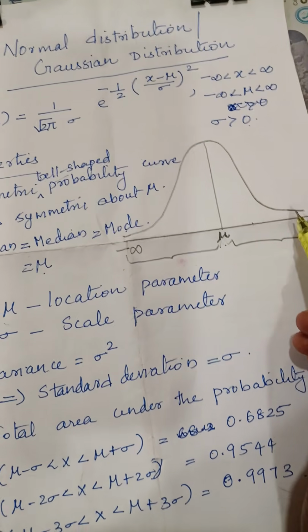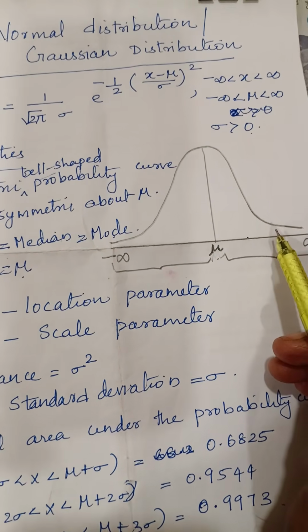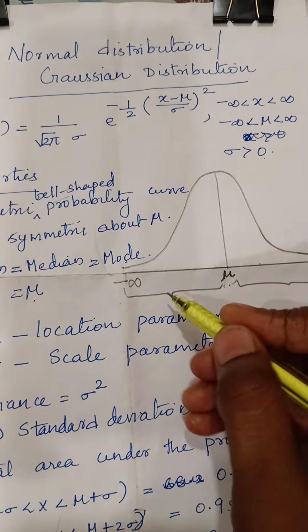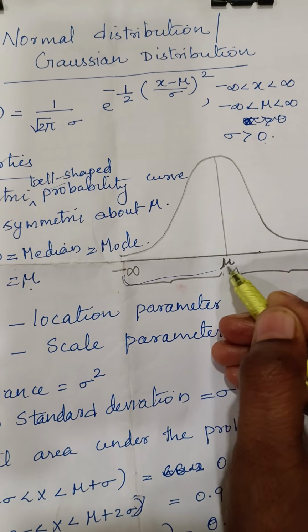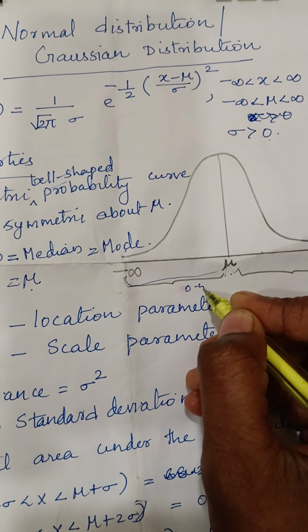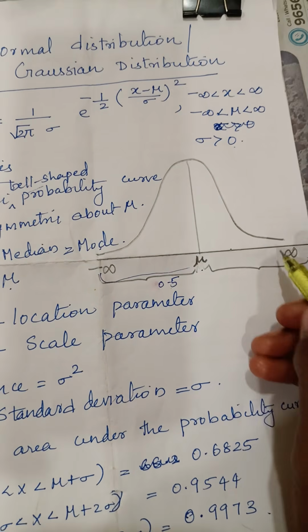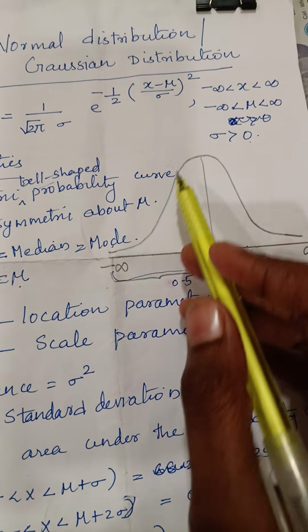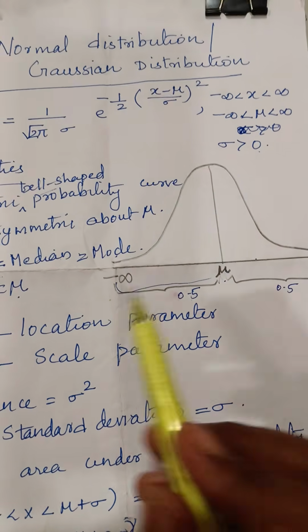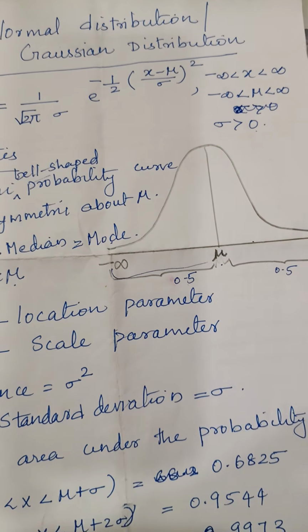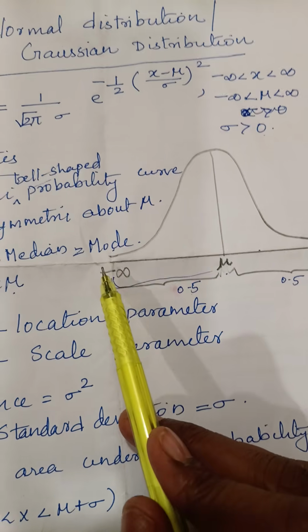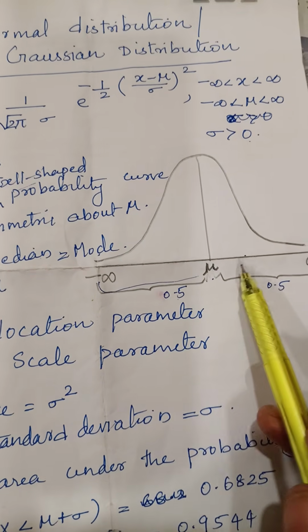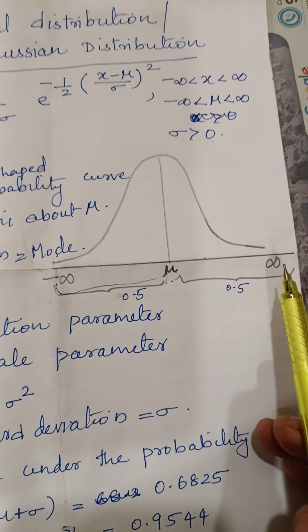Since this is a symmetric bell-shaped curve and the total area under the probability curve is 1, the probability from minus infinity to μ will be 0.5 and from μ to infinity will be 0.5.